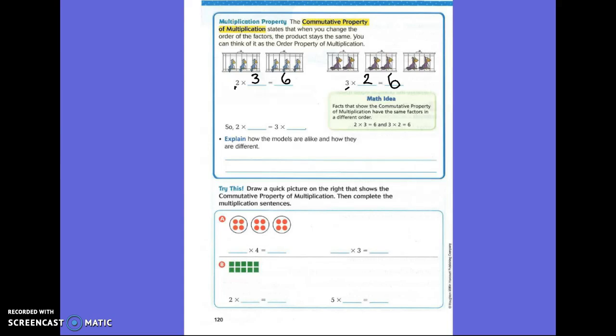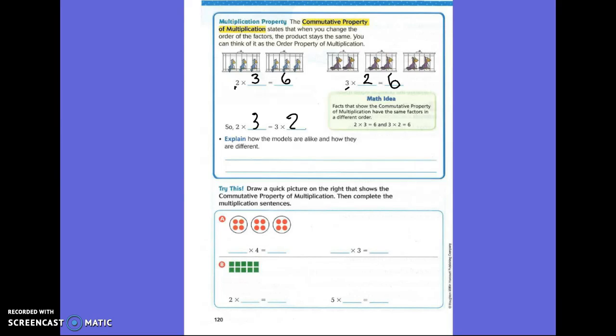There's still 6 birds, even though they split them the first time in 2 cages and then the second time in 3 cages. So 2 times, what's this number going to be? 3. 2 times 3 equals the same thing as 3 times 2.